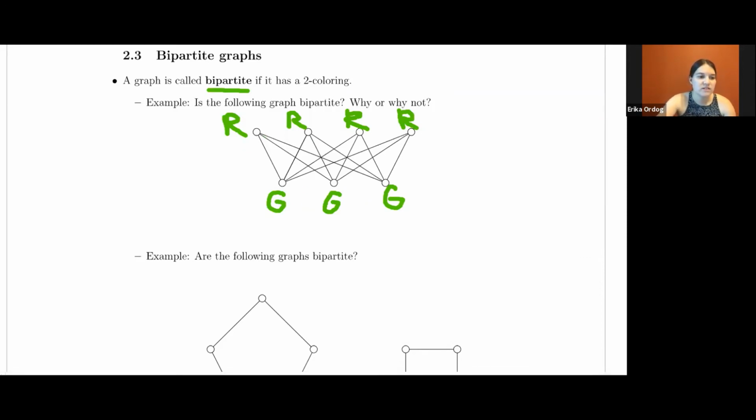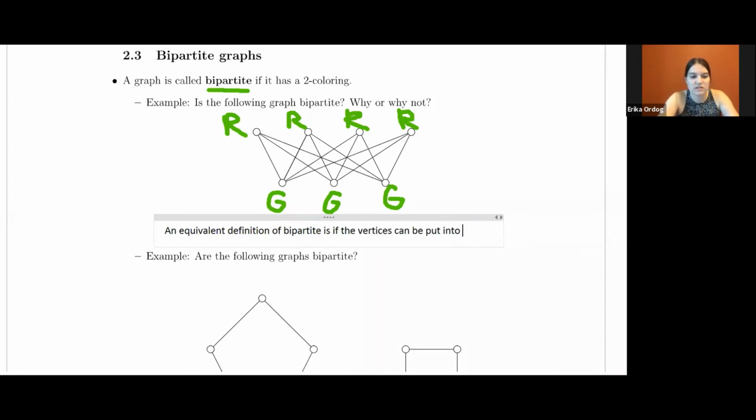So an equivalent definition of a bipartite graph is if the vertices can be put into two distinct sets where none of the vertices in the same set are adjacent.